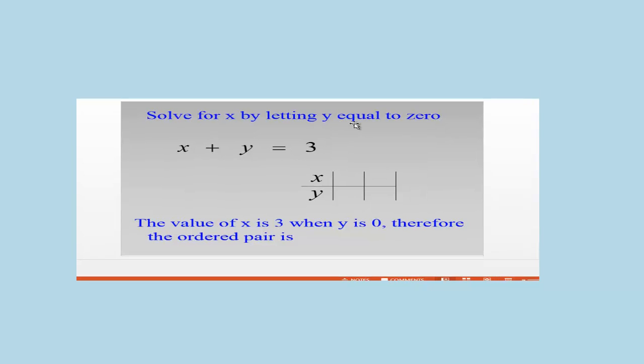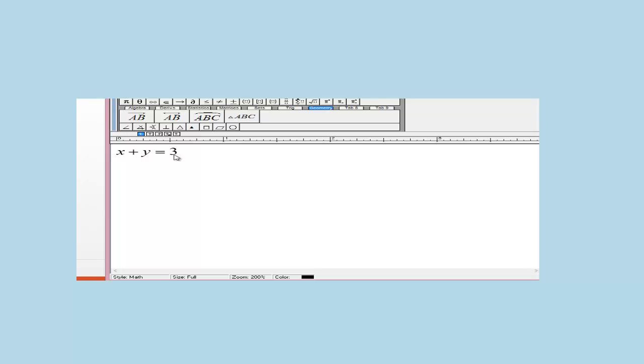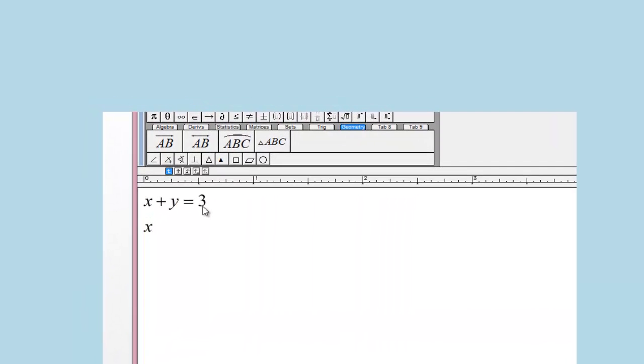Solve for x by letting y equal to 0. Copy the given equation, x plus y equals 3. Since y is equal to 0, copy x, substitute or replace y with 0, then copy 3. Therefore, x is equal to 3.